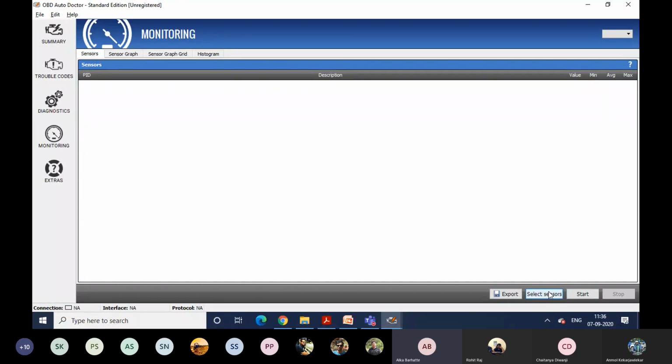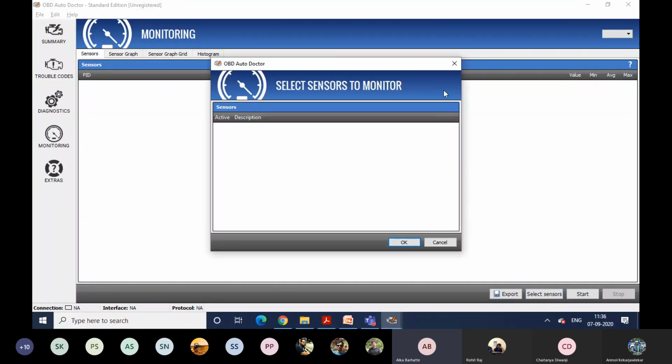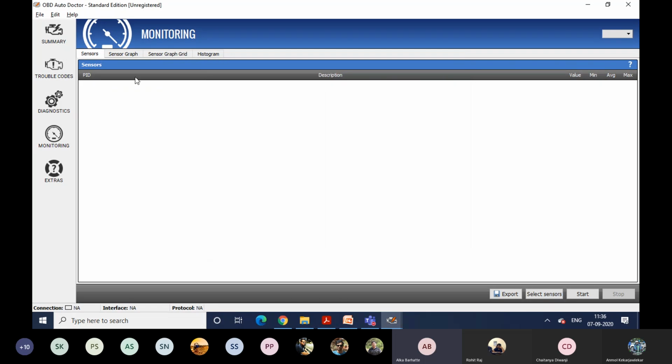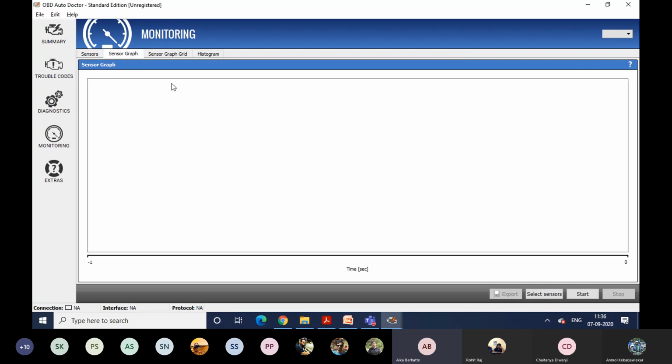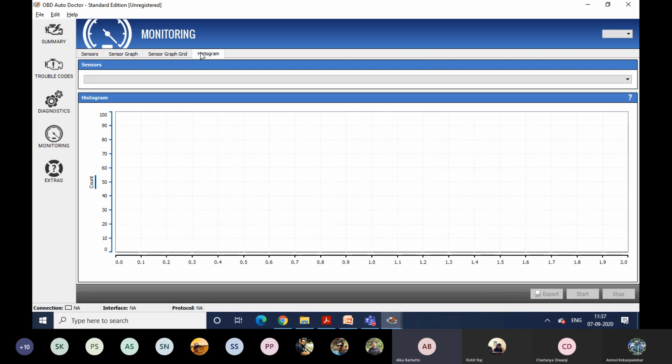Okay, so you can select the sensor. Right now it is not connected to anywhere, so you cannot see anything. And the sensor graph we can get from here, and in histogram form we can get it.